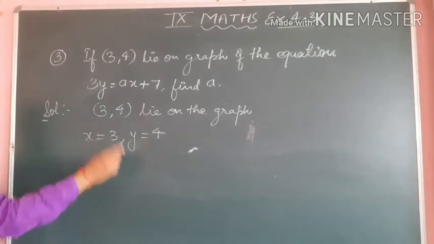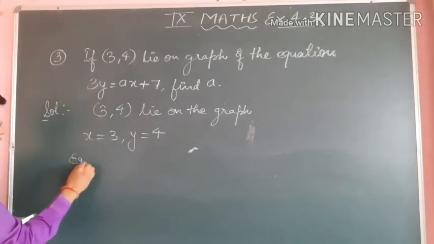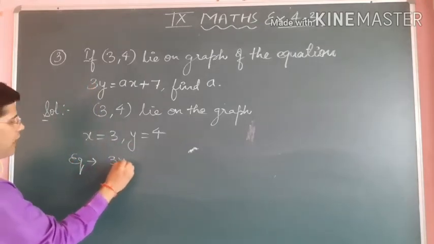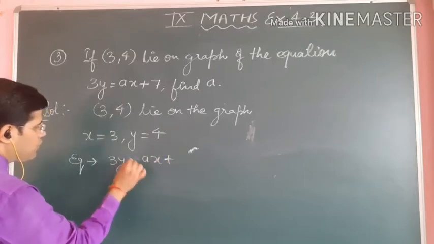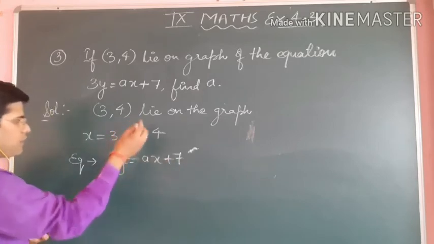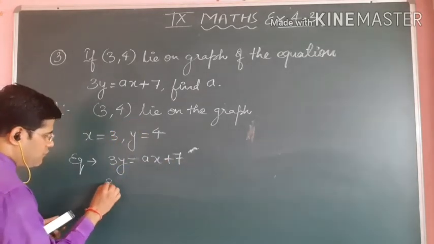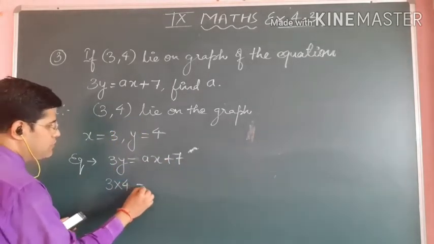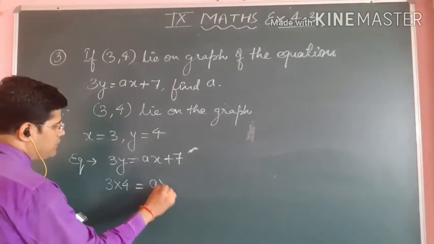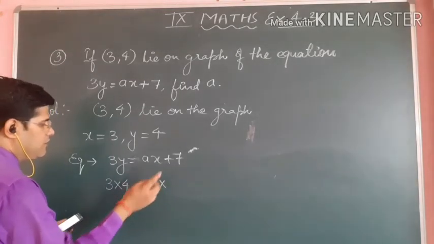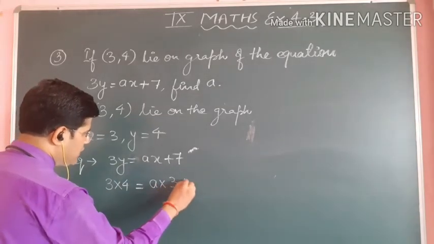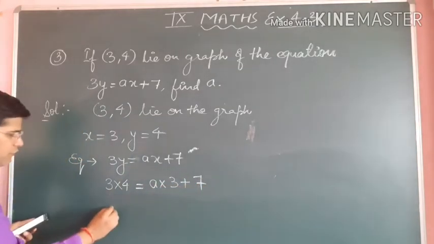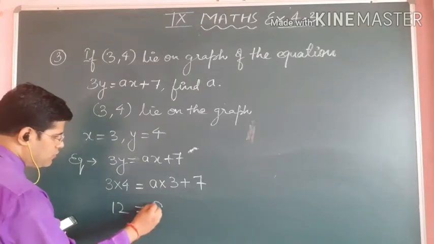Now put these in the equation, 3y equal to ax plus 7. Now put x and y. So 3y, 3 into 4, is equal to a. In the place of a, we can't put anything because we have to find a. In the place of x, we put 3, plus 7. So 3 times 4 is 12, equal to 3a plus 7.